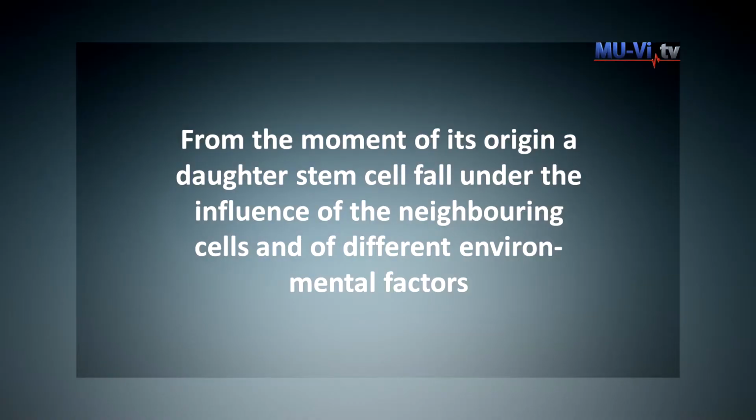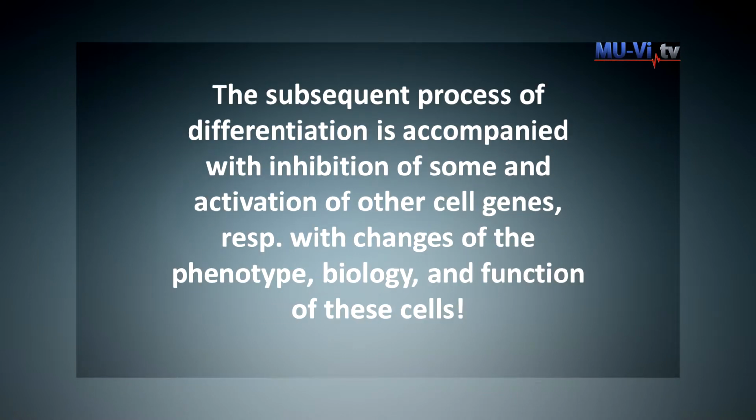Ladies and gentlemen, it is very important to remember that at the moment in which daughter cells derive from the mother cells, these cells fall under the influence of the surrounding cells and also of different biological environmental factors.